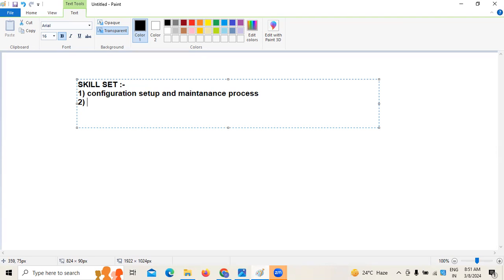It's not only setting up the application, this has to be managed at regular intervals in future. So this is where maintenance is required. That is point number one.